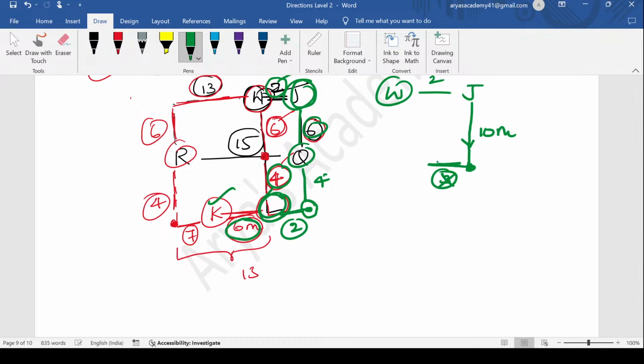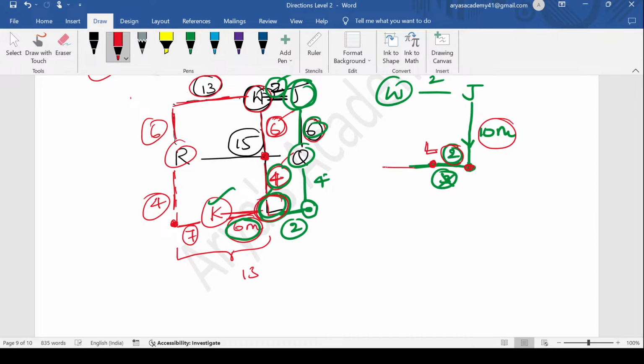I'll strike this out, so 2. So at a distance of 2 meters, I'll change the color as well. This is the point that I reach after walking for 10 meters from J. Then if I go 2 meters towards my right, towards west, I will reach another point over here, which is already given, that is L. So L is here.